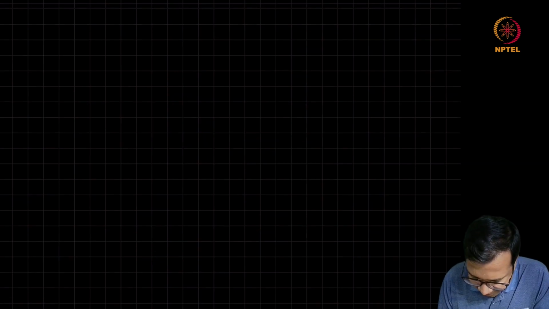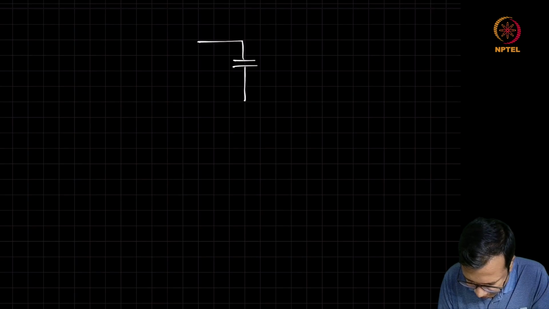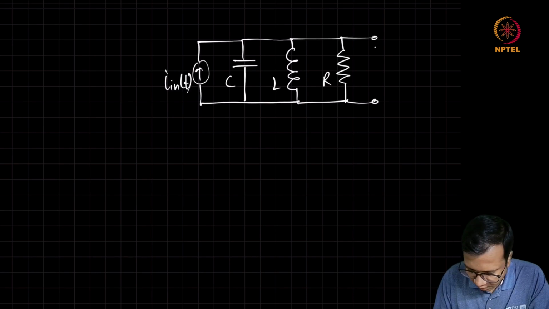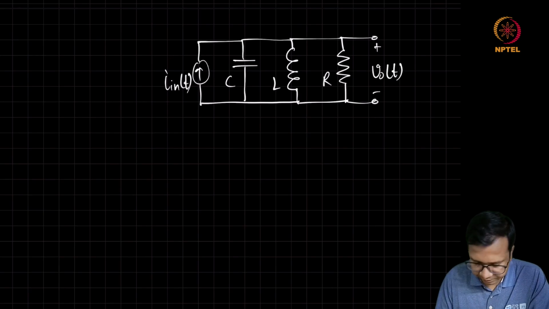So let us relook at this circuit. So it has this capacitor, inductor, and then this resistor. Here we are taking the output V0 of t.